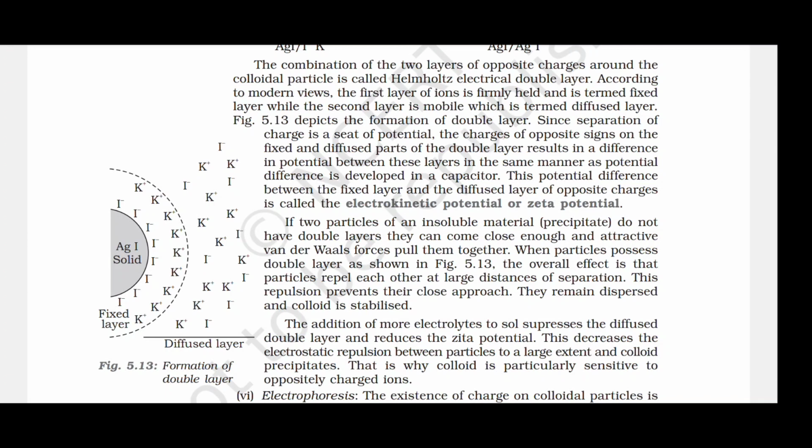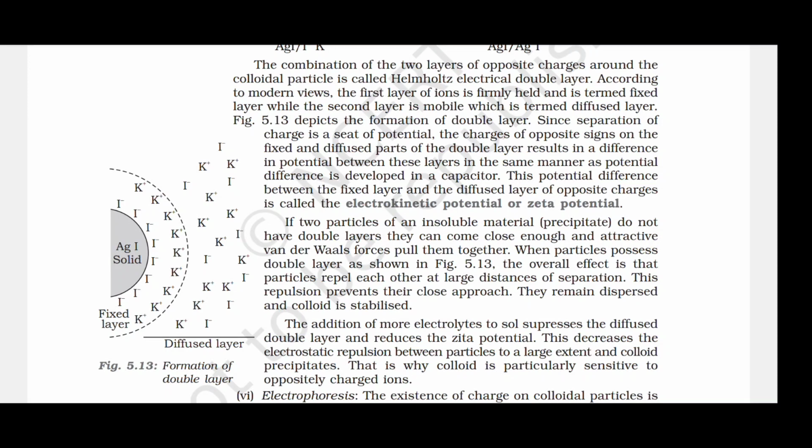If two particles of an insoluble material precipitate do not have double layers, they can come close enough and attractive van der Waals forces pull them together. When particles possess a double layer, as shown in figure 5.13, the overall effect is that particles repel each other at large distances of separation. This repulsion prevents their close approach.